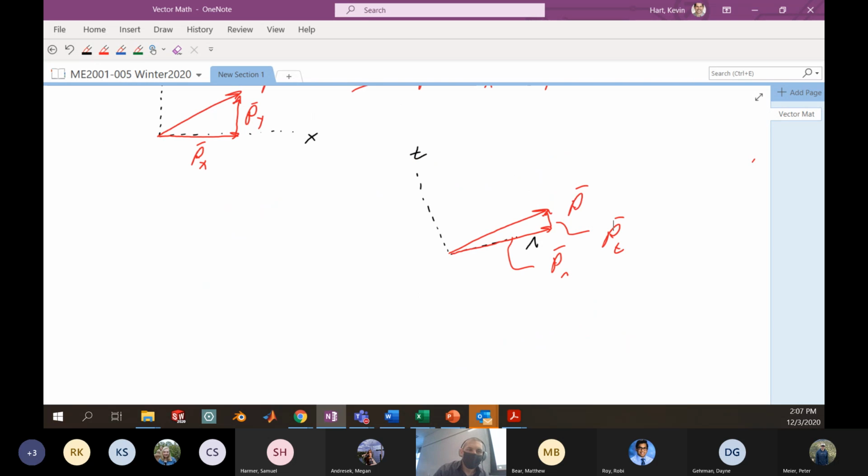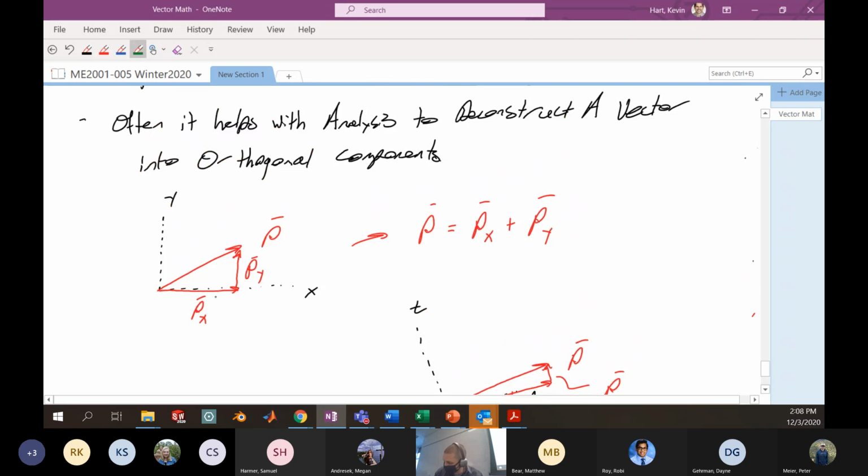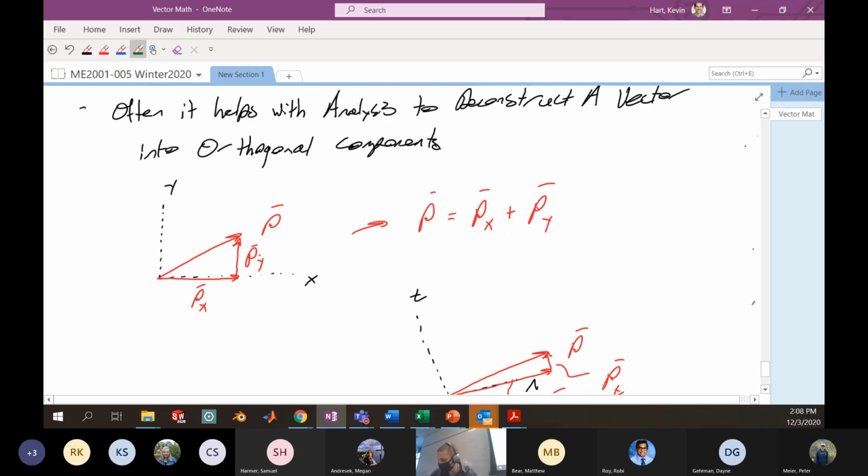All right. So with that in mind, we can take the vector P and resolve it into these various directions by understanding that that vector P has some magnitude in those various directions. So above here, the vector Px has some magnitude in the x direction, and the vector Py has some magnitude here in the y direction.